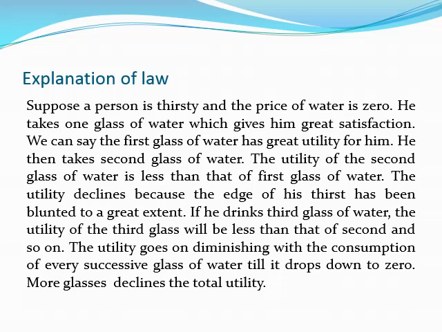If he drinks a third glass of water, the utility of the third glass will be less than that of the second, and so on. The utility goes on diminishing with the consumption of every successive glass of water till it drops down to 0. More glasses decline total utility.